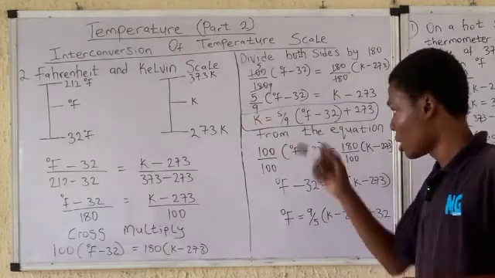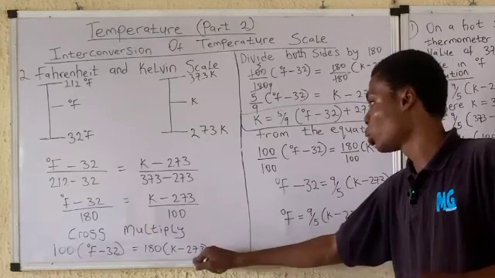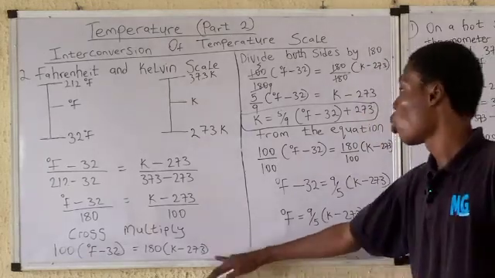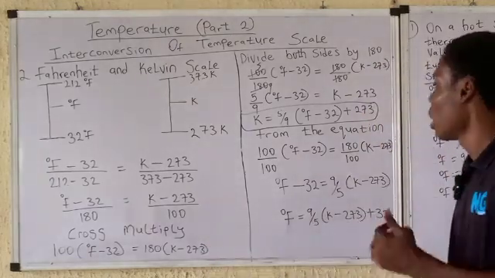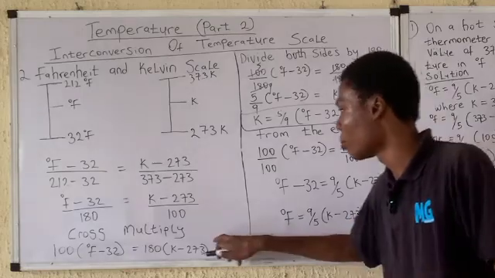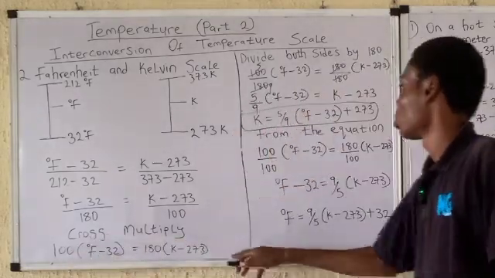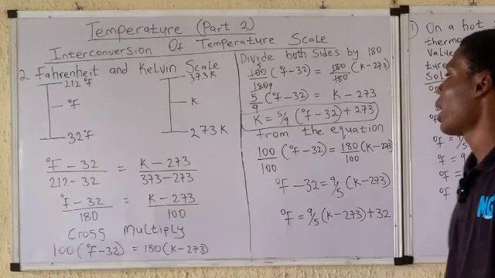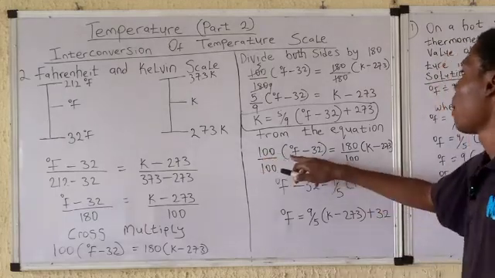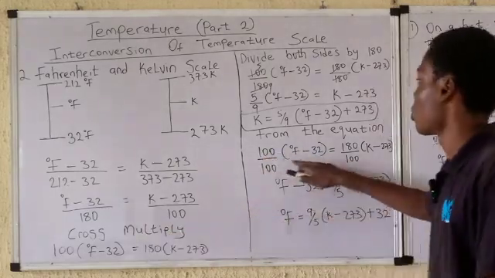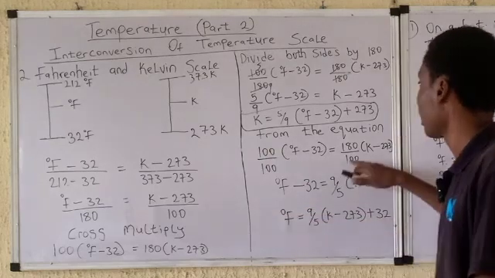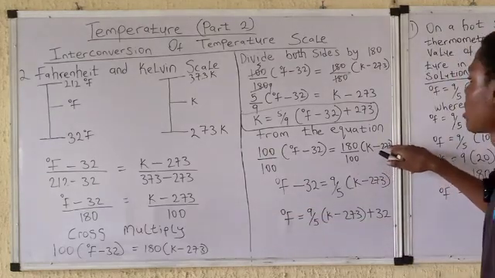Now we can also use this equation to convert from Kelvin to Fahrenheit using the same equation. So from the equation we have 100 in bracket Fahrenheit minus 32 equals to 180 in bracket Kelvin minus 273.